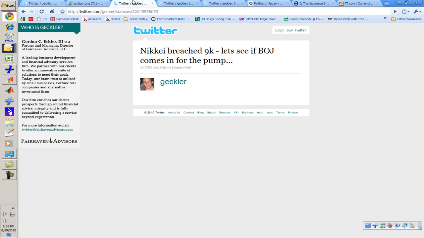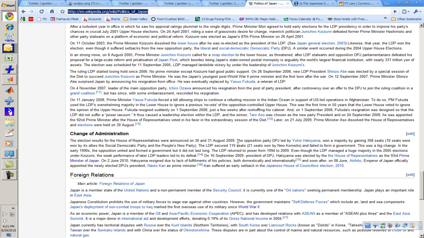There's been small mixed parliaments in the past, but this change of administration was very significant. This guy, Hatoyama, was basically the Obama, if you will, of Japan. And he won a landslide election. He got 308 seats and was allied with the Social Democratic Party and left the Liberal Democratic Party with only 119 seats.